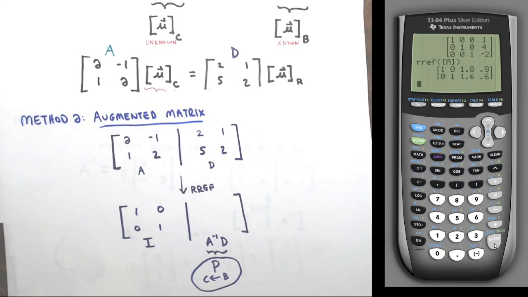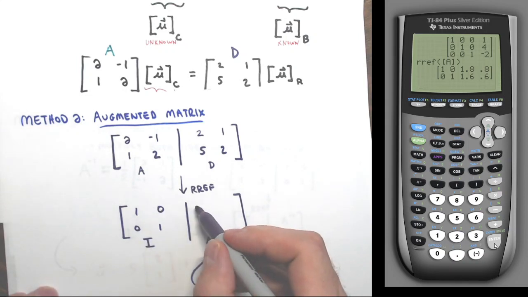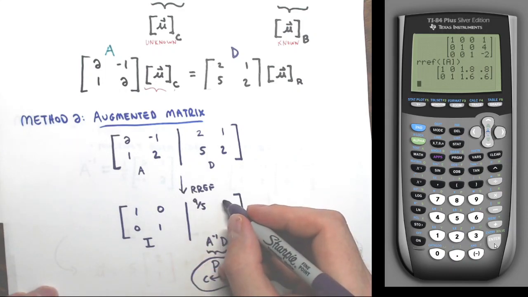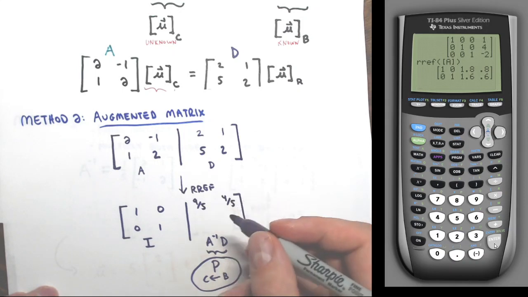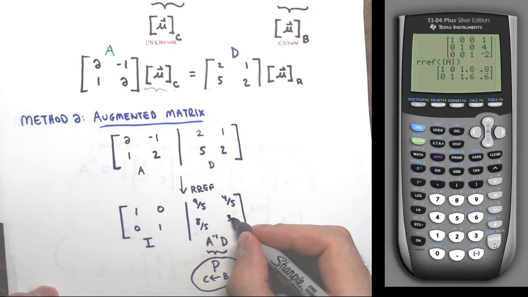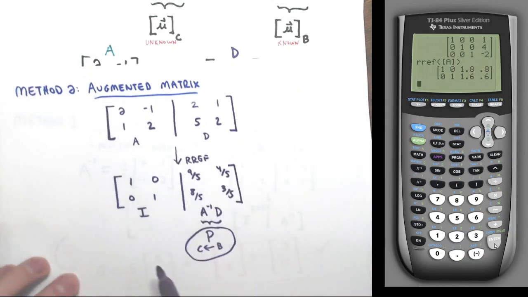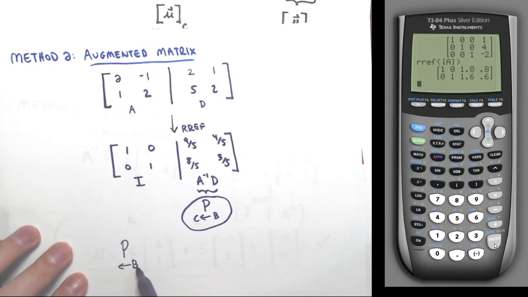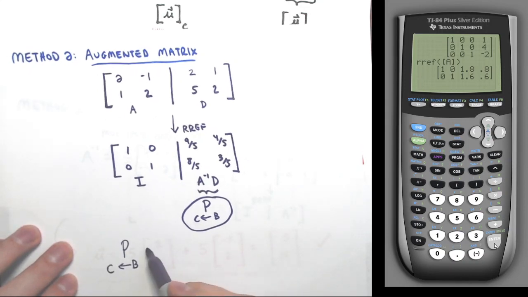So like I said, the identity matrix on the left half, and you see this entry here is 1.8. That's 9/5. And then 0.8, that's 4/5. And 1.6, that's 8/5. And 0.6, that's 3/5. So my transition matrix, my change of coordinates matrix, when I'm changing coordinates from B to C, is 9/5, 4/5, 8/5, 3/5.